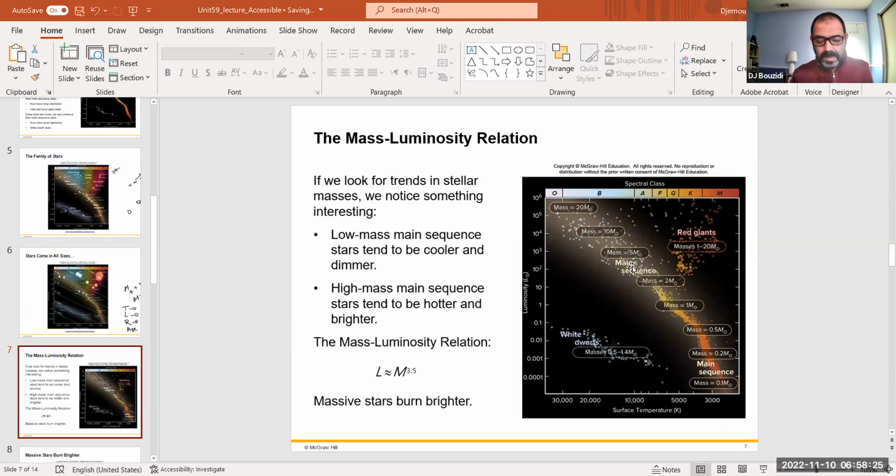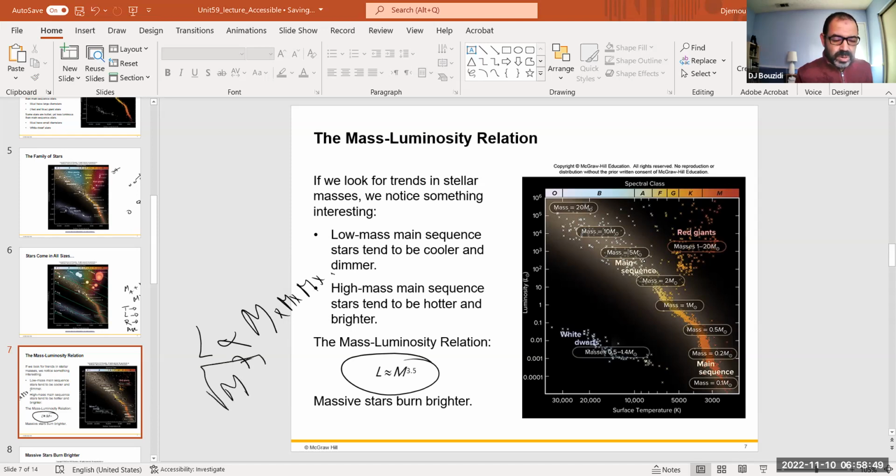Again, here is the mass. The mass and the luminosity are related to one another through this law. The luminosity is proportional to the mass to the power 3.5. If you're not familiar with this, take the mass and multiply it by itself 7 times, that is m to the power 7, and take the square root.